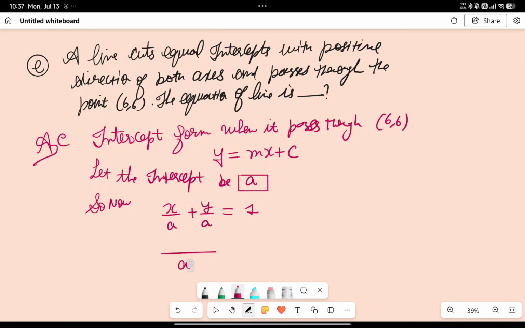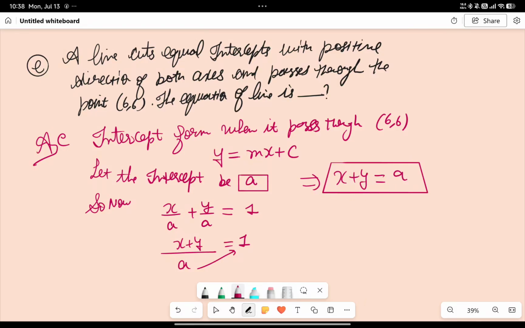Now a is the LCM here, so I can say x plus y over a equal to 1. Do cross multiplication. You find x plus y equal to a. Now I already know this is x and this is y, so I can put 6 plus 6 equal to a. So a comes out to be 12.